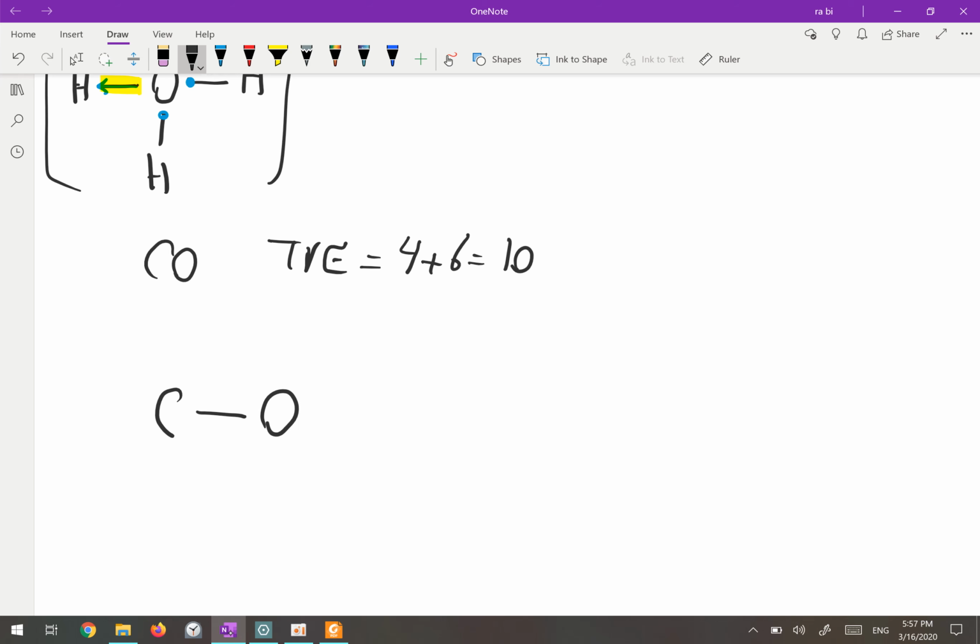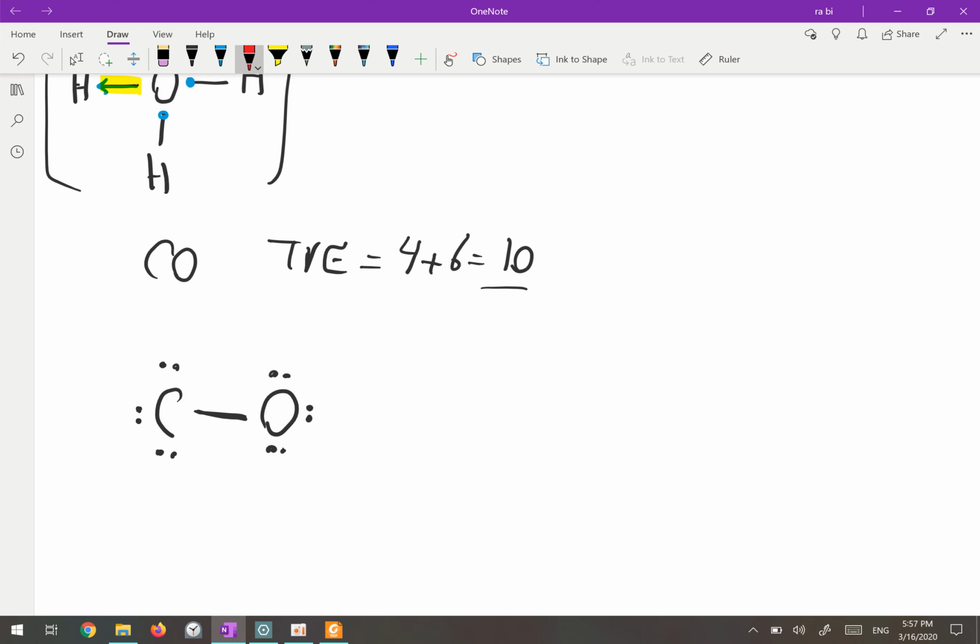Let's start from the oxygen at the right side. It has 2, 4, 6, 8 valence electrons, and 2, 4, 6, 8 valence electrons for the carbon. If you count the electrons, you can see that you have 14 electrons in this Lewis structure. This is not the correct Lewis structure because in total we must have 10 electrons.